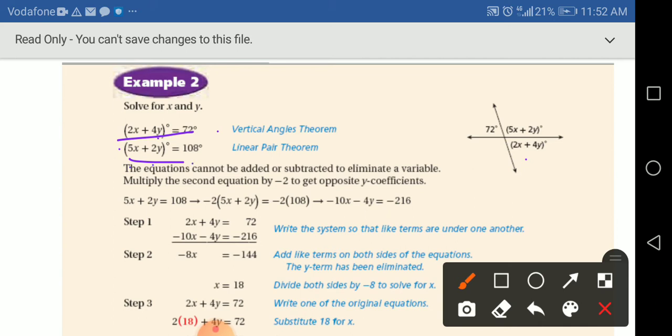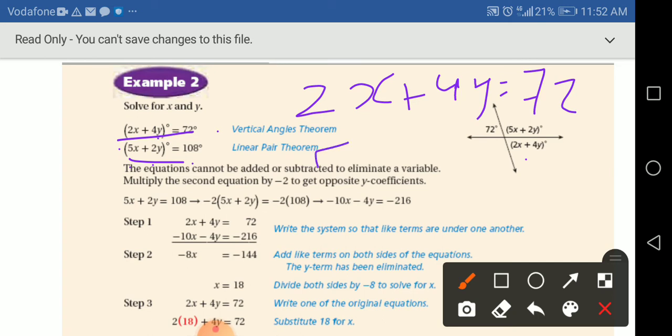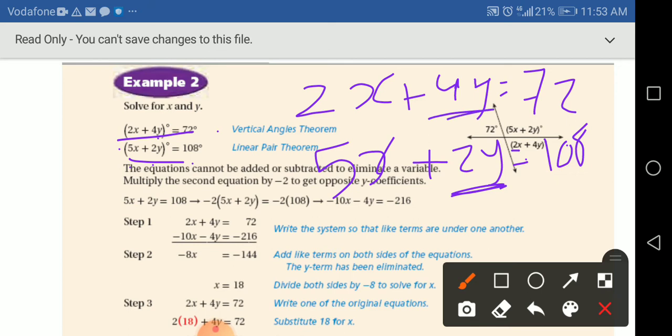Okay, guys, what should I do to get rid of one variable? Let's write it: 2x plus 4y equals 72, and I have also 5x plus 2y, so focus here, equals 108. I have 2y and I have 4y. What should I do, guys? I want to change the positive 2y to the additive inverse of positive 4y.